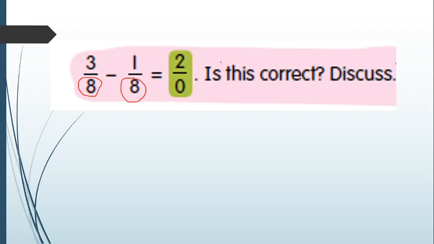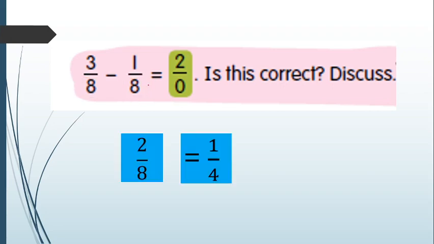As I said previously, we cannot do operations involving fractions the same way we do them with whole numbers. Tak boleh buat sama seperti kita buat nombor bulat. So this is wrong. Okay, salah.